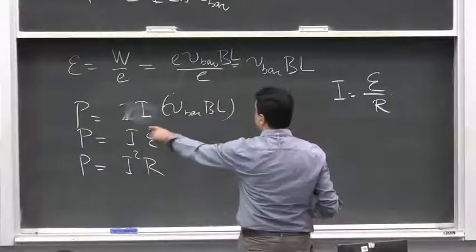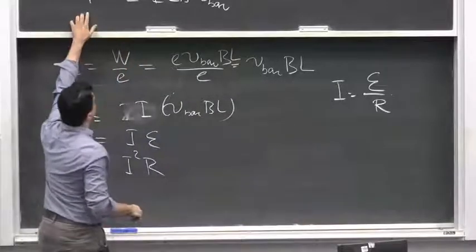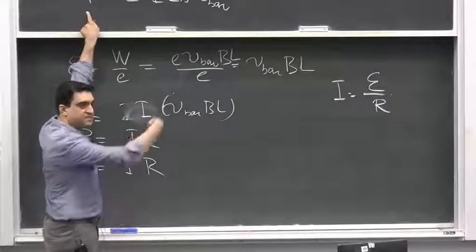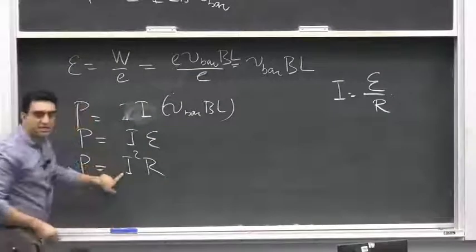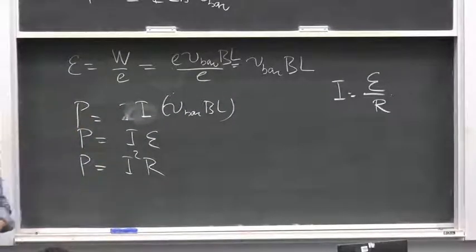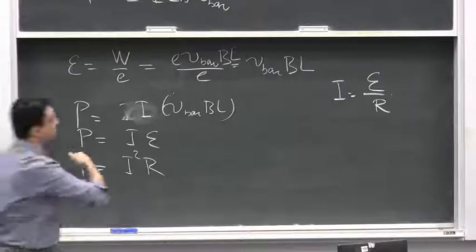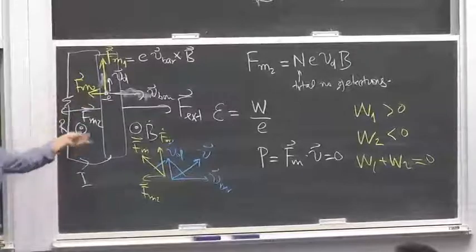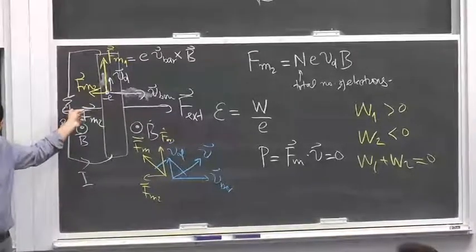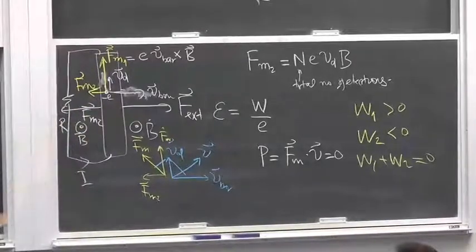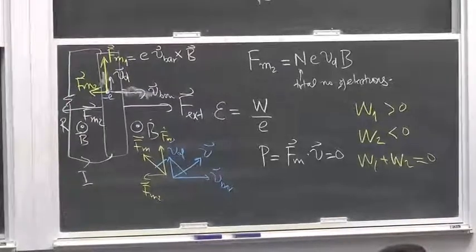The total power provided by the external force gets consumed into the Joule heating within the resistor. Whatever power you are providing by pulling it in that direction is lost in the circuit as Joule heating through the resistor.